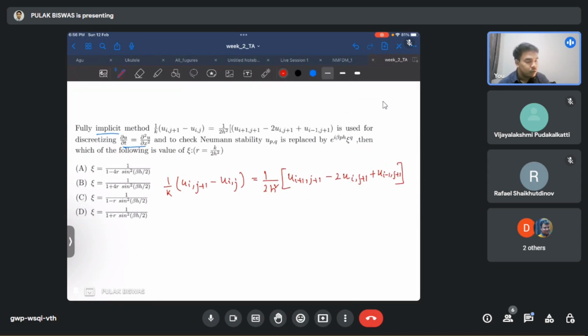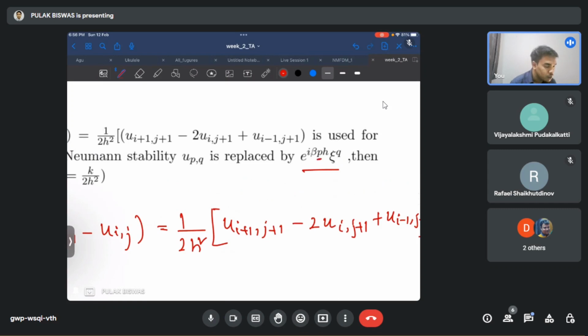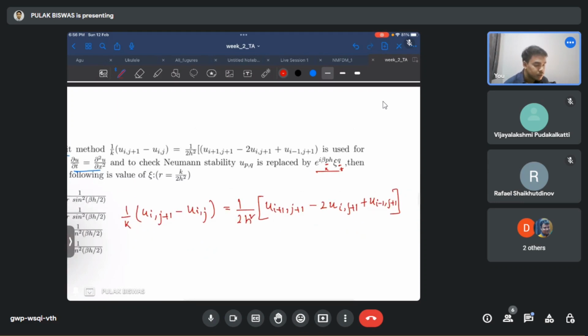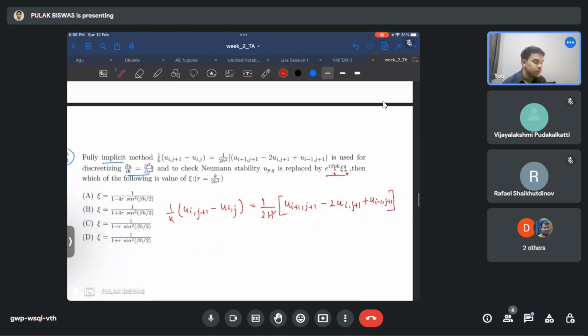The process is simple, you have to put this one into the expression. Here p gives the spatial domain term, the spatial variation, and this gives the temporal variation, and you have to simplify the equation and you can get the value for this xi.